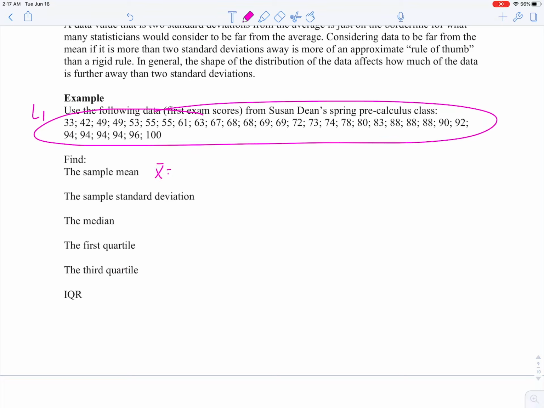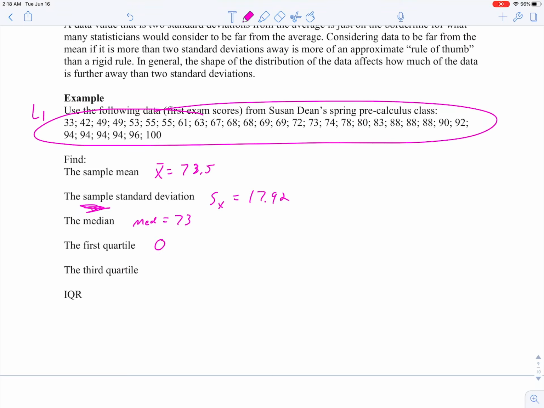So they want us to find all these different things right here. The sample mean is x bar. Look on your calculator, it should be 73.5. Sample standard deviation, again, read carefully, that's s sub x, which should be 17.92. The median, so again, you're going to have to scroll down that screen on your calculator. It'll say MED, and that's 73.